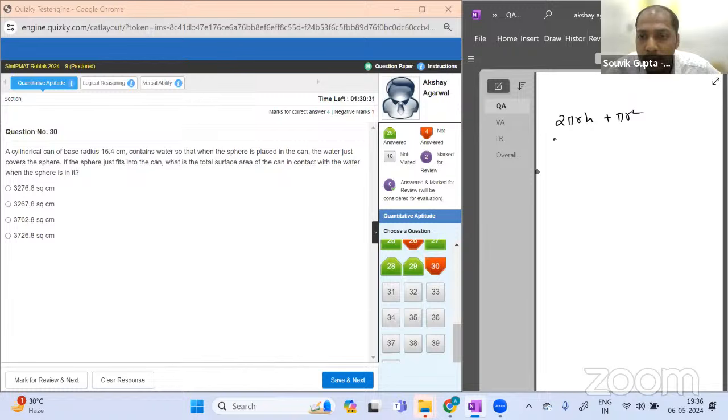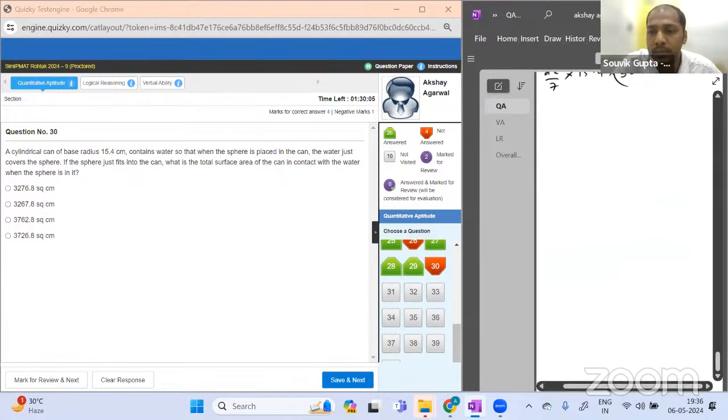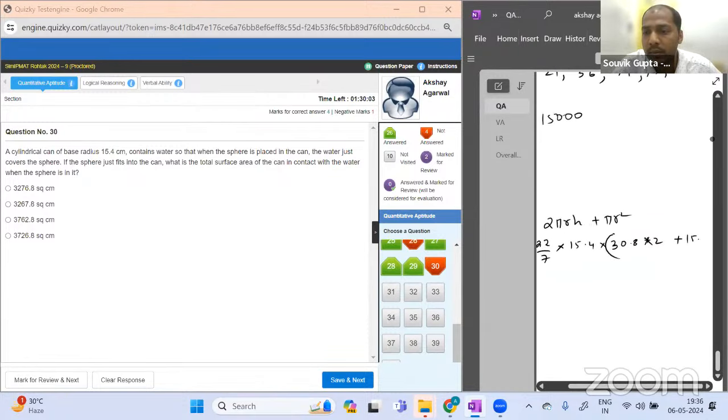So in 2 pi r h plus pi r square, we take pi r common. So 22 by 7 into r, which is 15.4, into h, which is 30.8, plus r, 15.4.